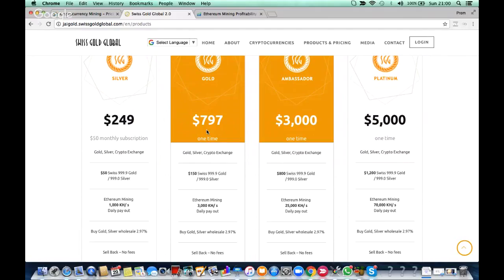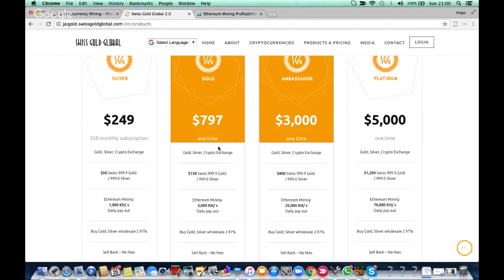That's taken care of. 150 was the gold and silver. You've been paid it in your back office. You've been paid the mining power in your back office, and your sponsor got $150 roughly. So everybody's been paid out already.